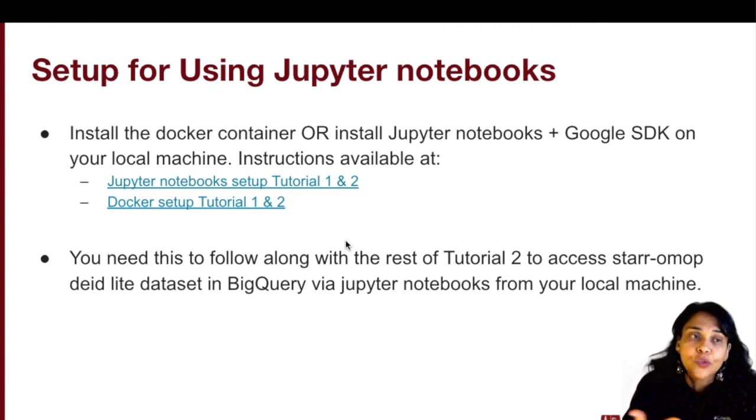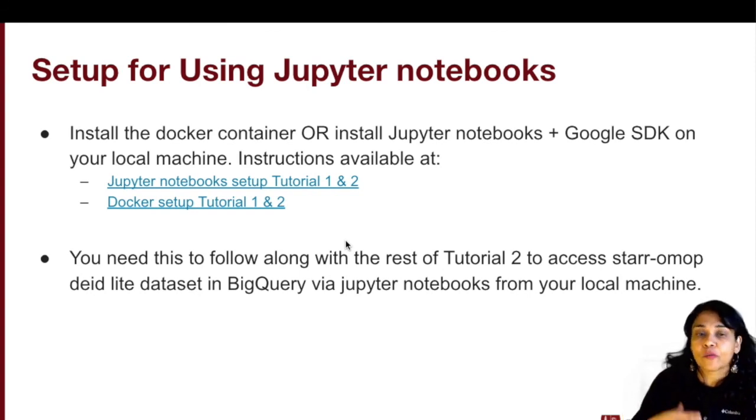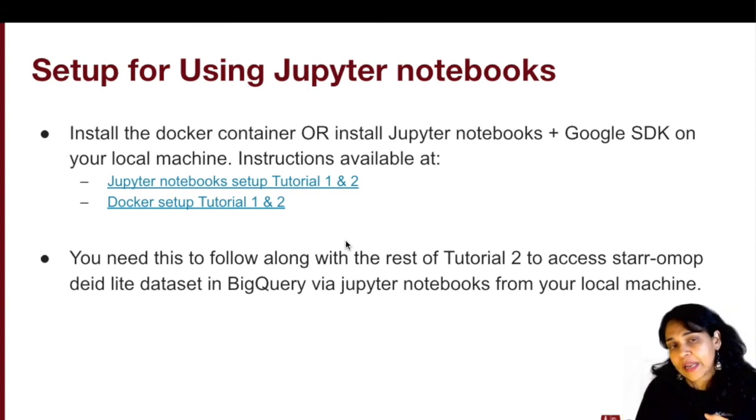In order to do that, you either need to have the Docker container installed, or you need to install Jupyter Notebooks and the Google SDK on your local machine. There are videos with instructions to do both of them. They have been included in both Tutorial 1 and Tutorial 2's playlist of videos. So please make sure that you've done that before you come for the next video.